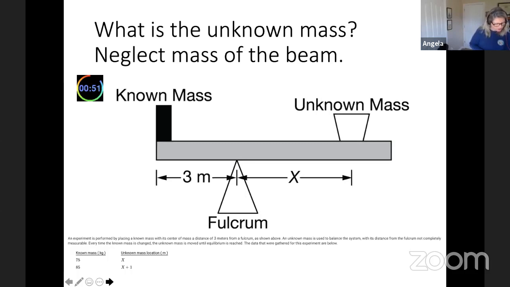What we know is that the sum of the torques is equal to 0 on the system when it's balanced. And torque is r F sine theta.